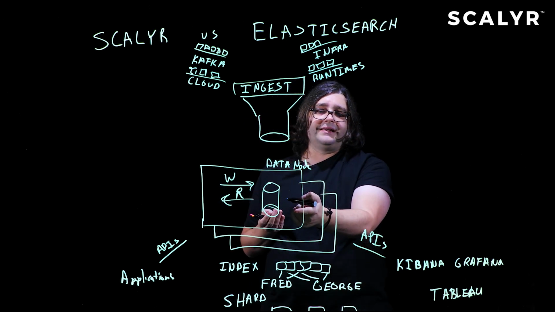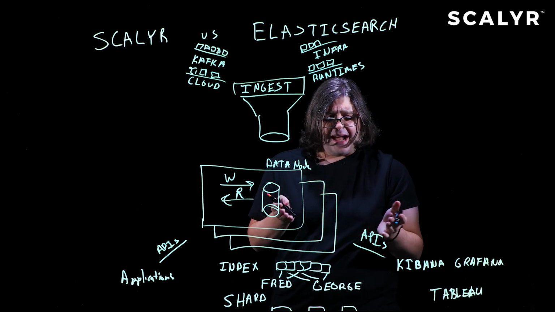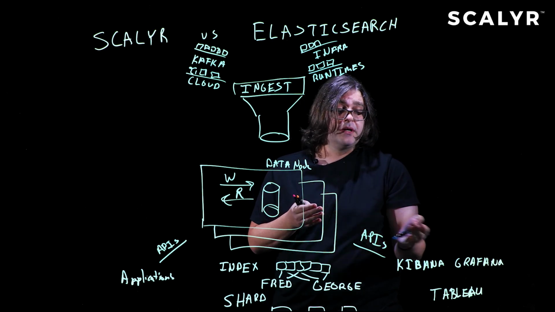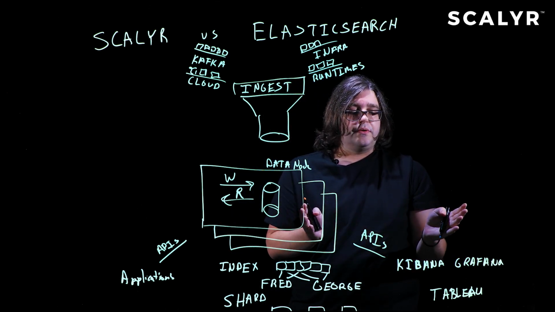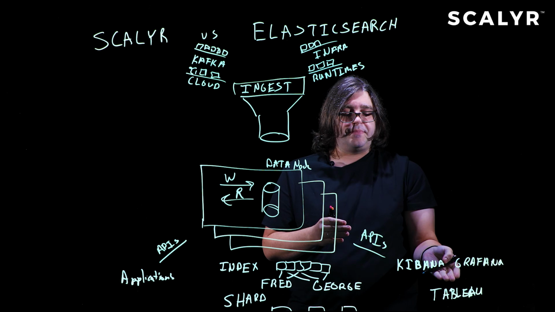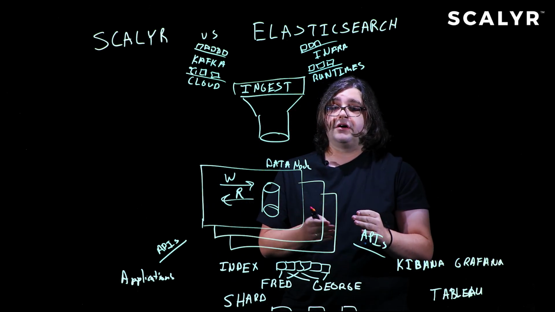Kibana is highly paired with Elasticsearch's ecosystem. Grafana offers a middle ground where it can do everything for everybody, and Tableau has opinionated ways of talking to its data systems. But all three are viable ways to talk to your systems.